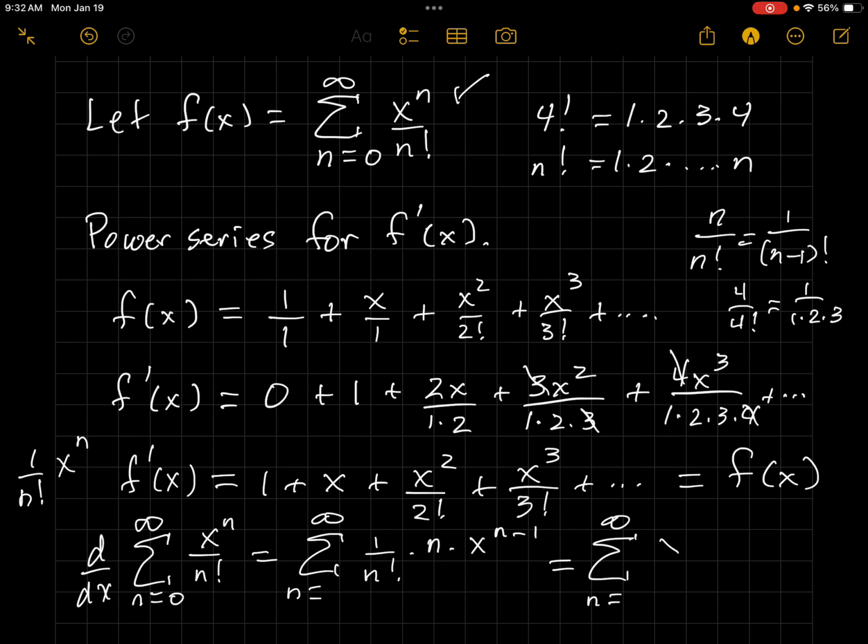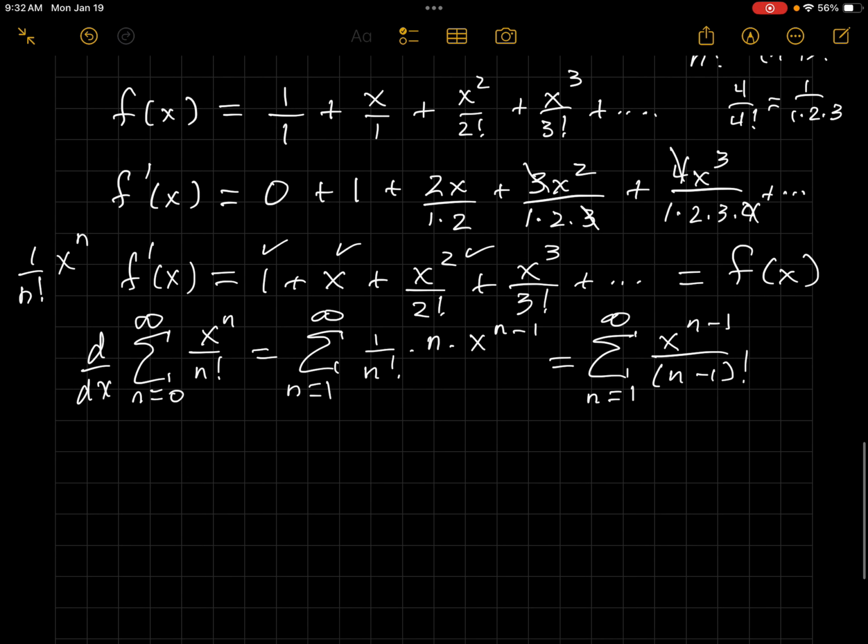I get x to the n minus 1 over n minus 1 factorial, which looks like I should start at 1 to get the terms that I need. But that's really kind of arbitrary, so I could, if I wanted to, just start it at 0 and write it as x to the n over n factorial, which is exactly where I started.